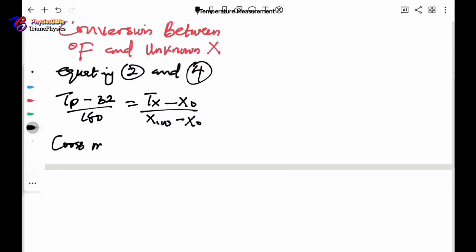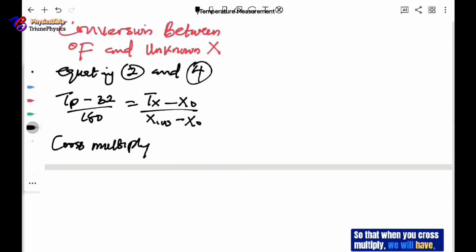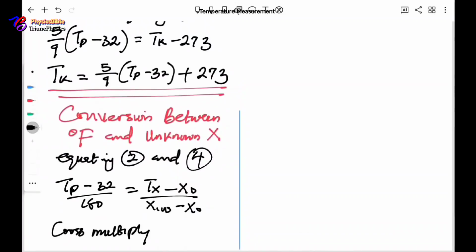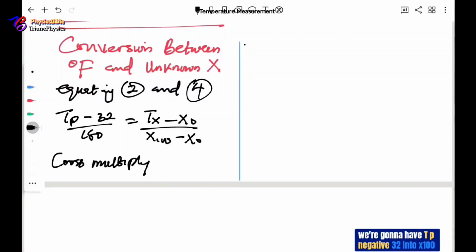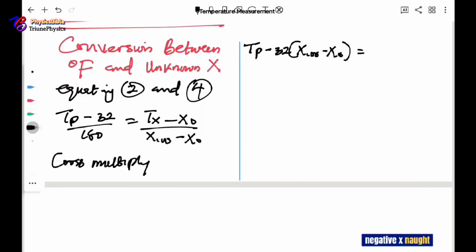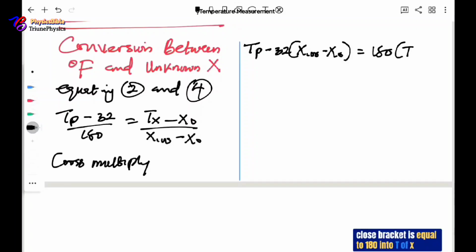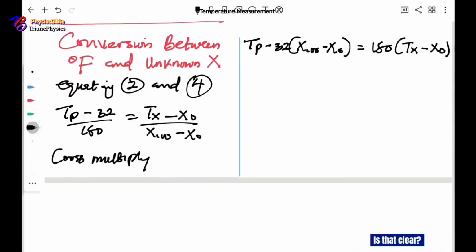Is that clear? So that when you cross multiply, we are going to have T of F minus 32 into X 100 minus X naught, close bracket, is equal to 180 into T of X minus X naught. Is that clear?